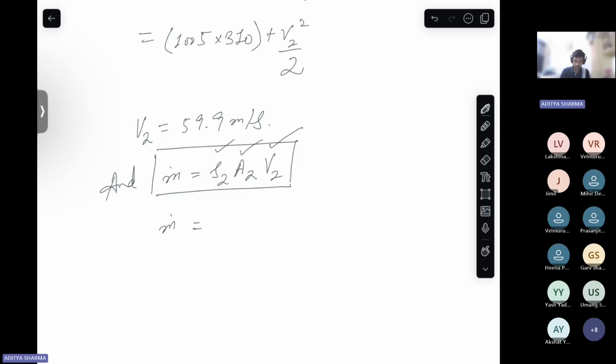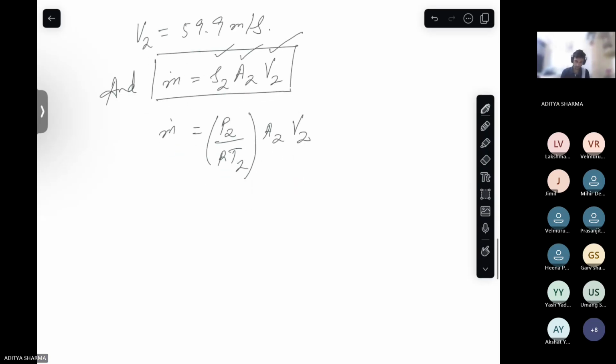So rho can also be written as how? Like this. P equals to rho RT, right? Then A2 V2. Then this we have, this we have, this we have, this we have, this we have. P2 we don't have. Okay. So P2 now can be found out.